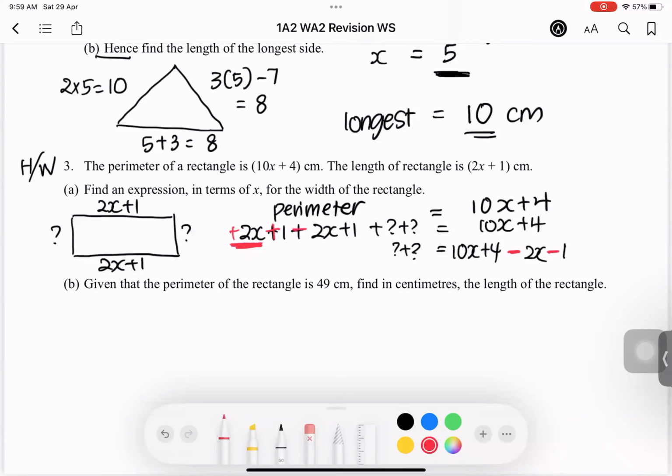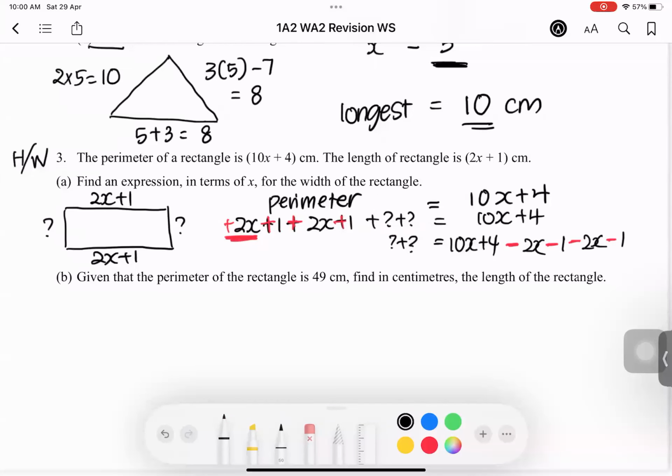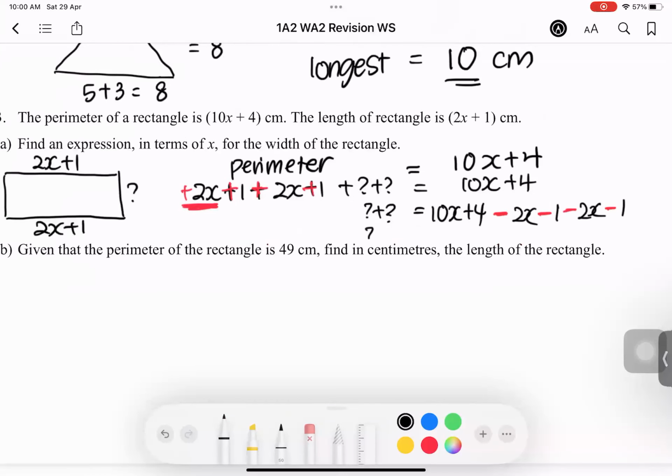This one positive again, minus 2x, plus 1, minus 1. Okay, so now I got 2 unknowns. So 2 of the question mark is 10 minus 2 gives me 6x. 4 minus 1 gives me plus 2.